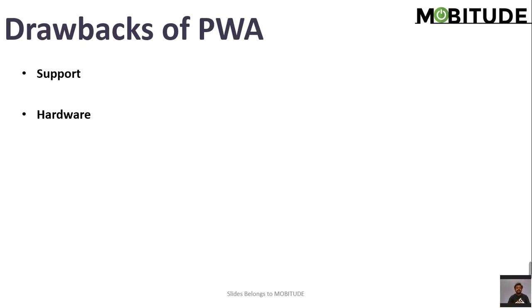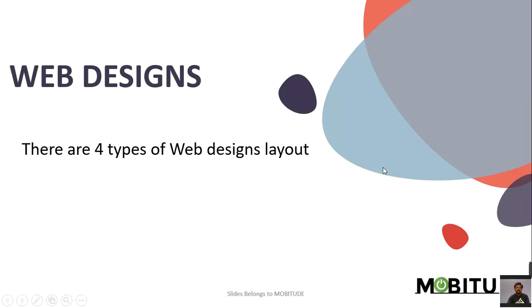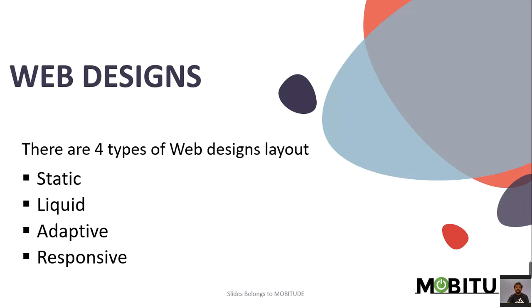There are four types of web designs: static, liquid, adaptive, and responsive. Let us see what static, liquid, adaptive, and responsive designs are.